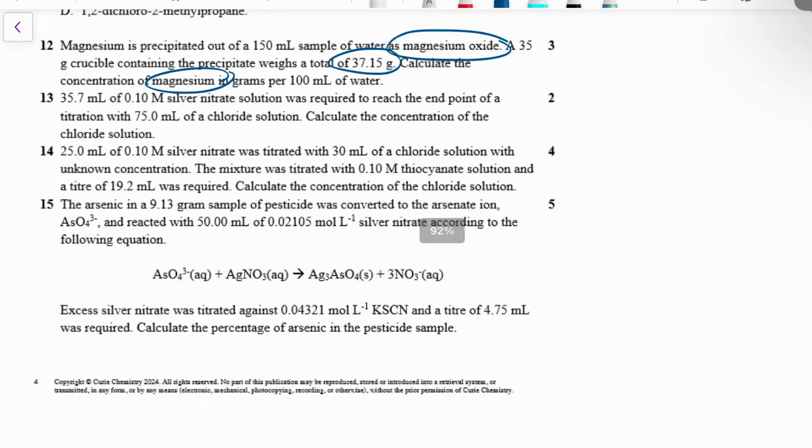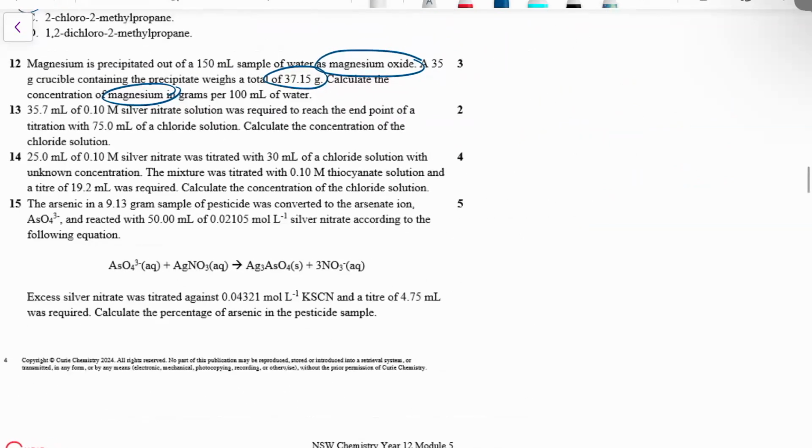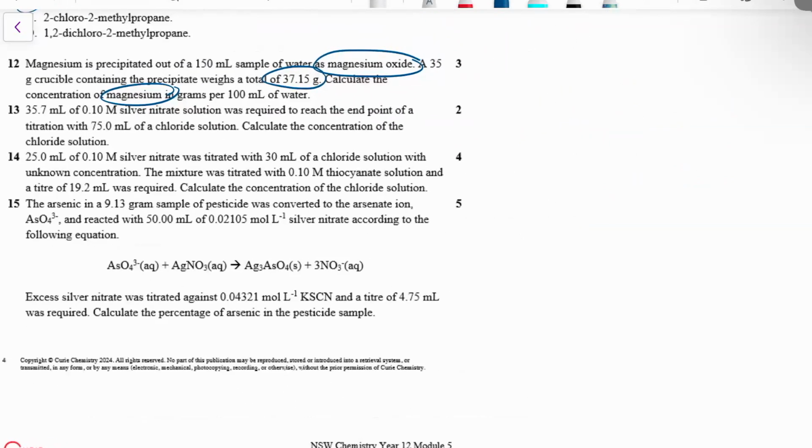Now, they've given us a 35-gram crucible containing the precipitate that weighs a total of 37.15 grams. So is that 37.15 the mass of the precipitate?